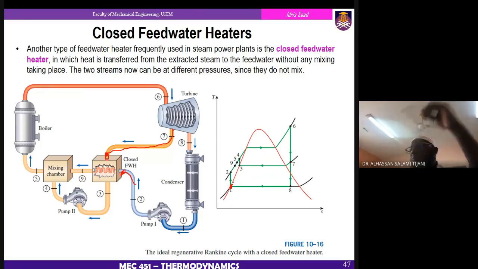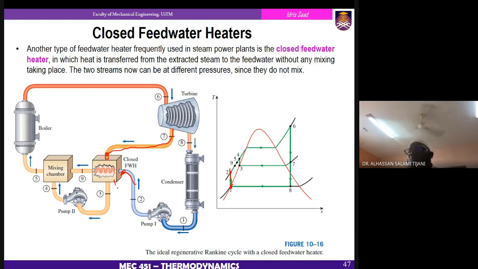pump number 1 pumps the fluid from state 1 to state 2 through isentropic process. Then from state 2, there will be heat transfer, okay, to the fluid as it passes this heat exchanger.